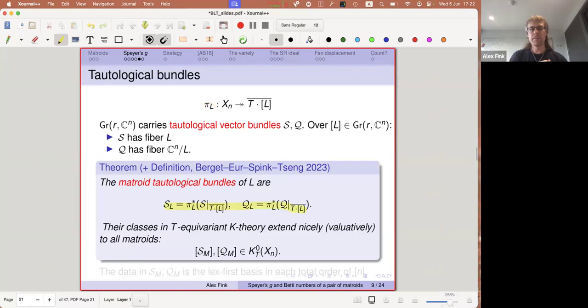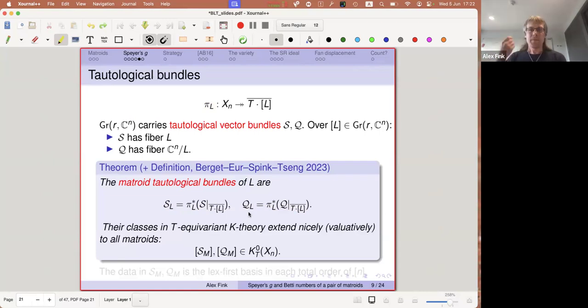Now, if I have a matroid without a linear space necessarily associated, what can I do? I can look at the classes of these bundles in torus equivariant K theory of the permutahedral variety.